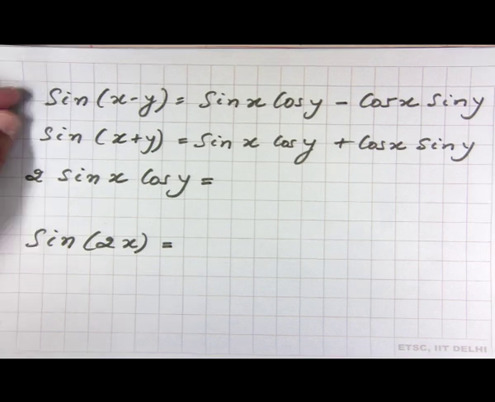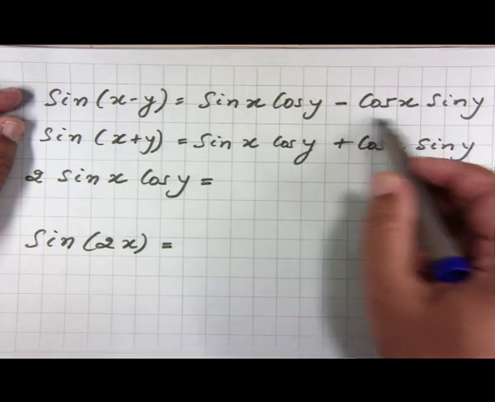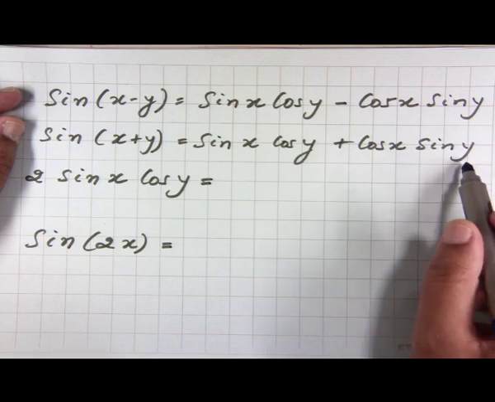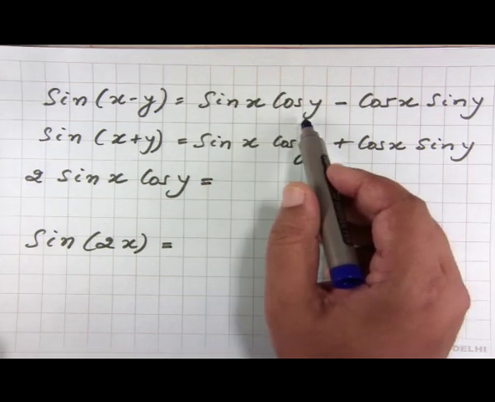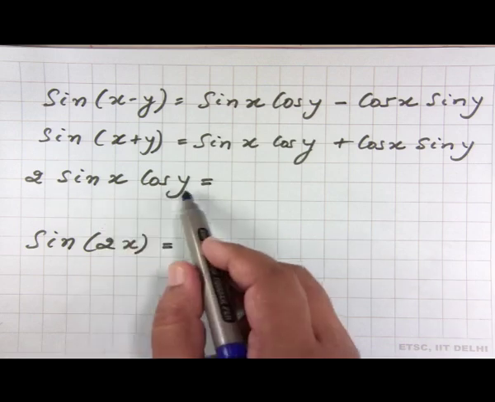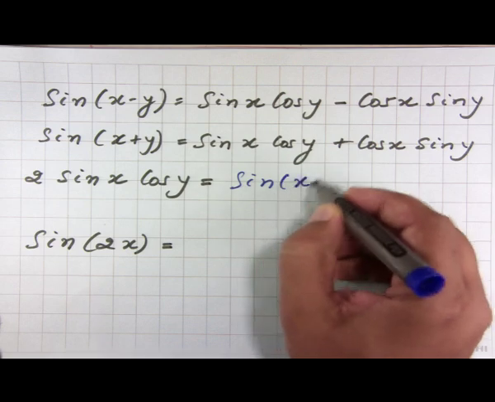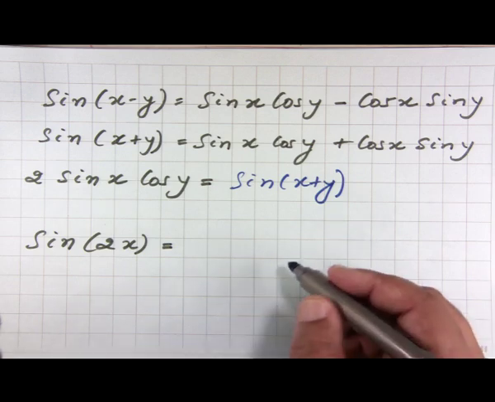Now, if we add these two equations, this term here and this term here will get cancelled out and we will get twice of this term, and therefore, 2 times sin x cos y is equal to sin of x plus y plus sin of x minus y.